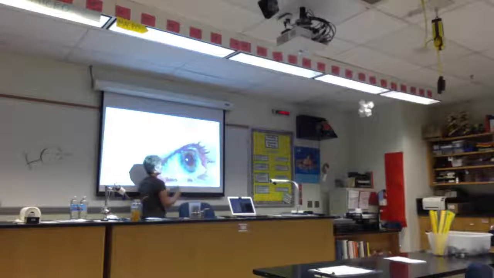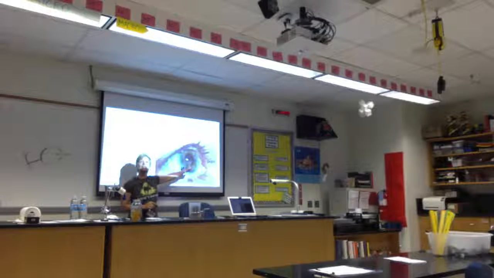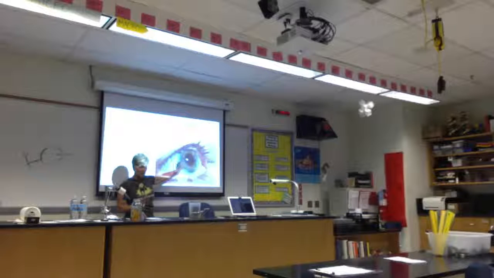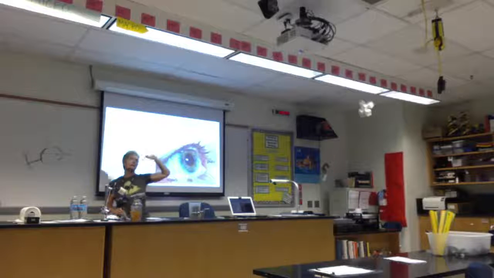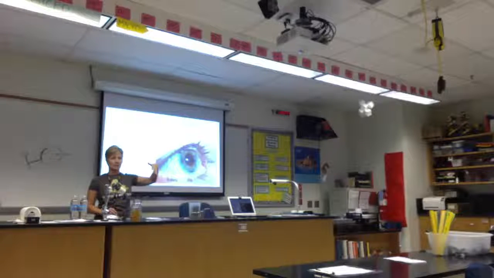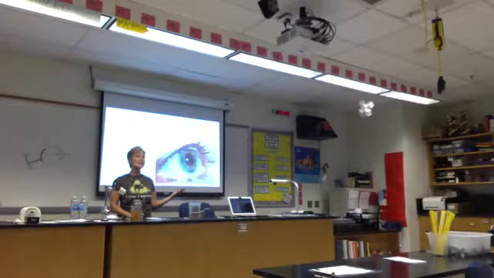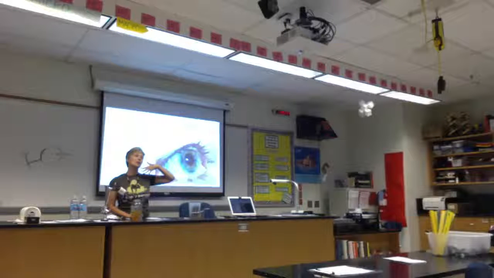This part right here is the iris, and it lays down pigment unevenly. It's an uneven making of pigment, and it is like natural sunglasses. So if you have blue eyes, it means that the light coming through is not being at all blocked.